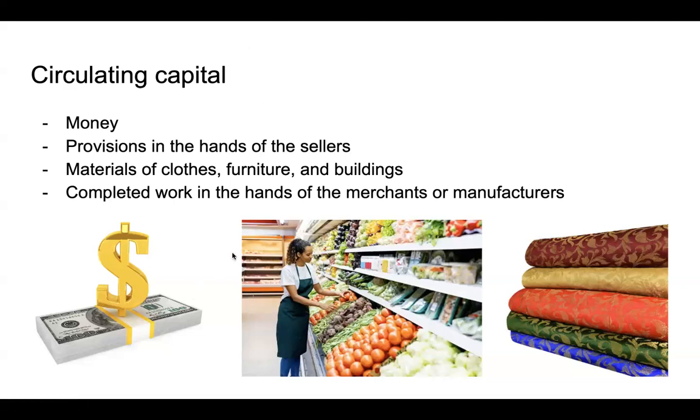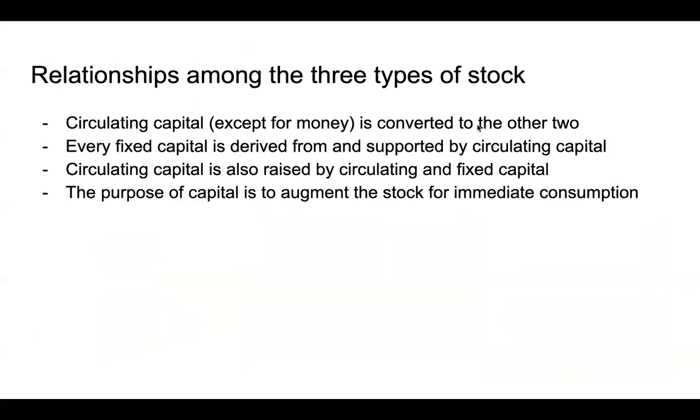I already kind of explained that earlier, right? So except for money, the other three, right? Provisions, materials, completed work in the hands of the seller. Once they're sold, they become either fixed capital or the stock for immediate consumption.